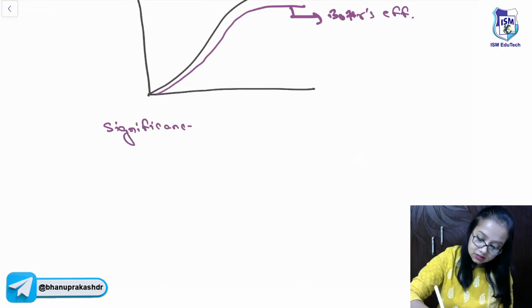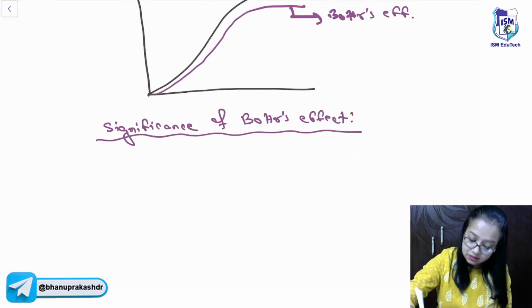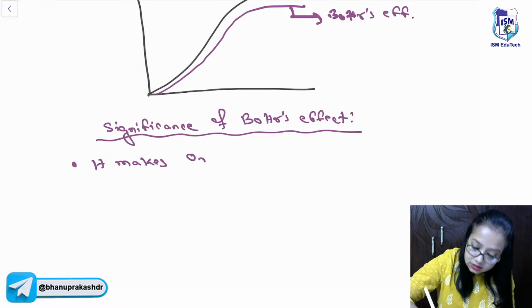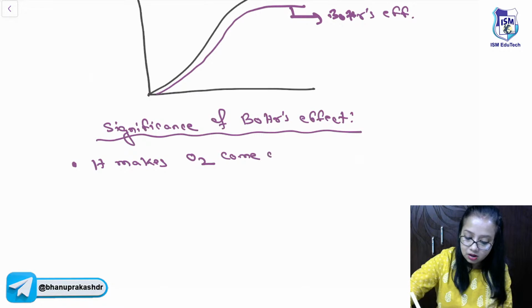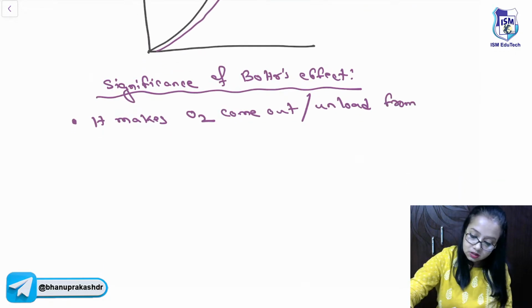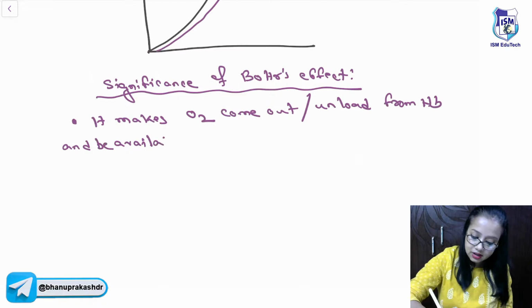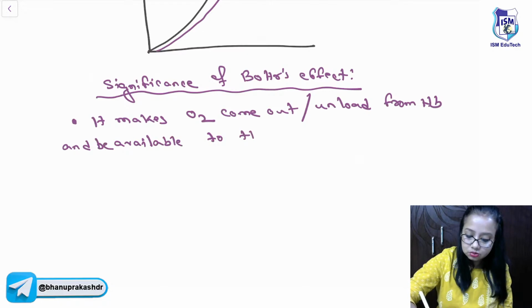Now significance of Bohr's effect, what is it significant for? It makes oxygen come out, or unload, the proper English is unload, from hemoglobin and be available to the tissues.